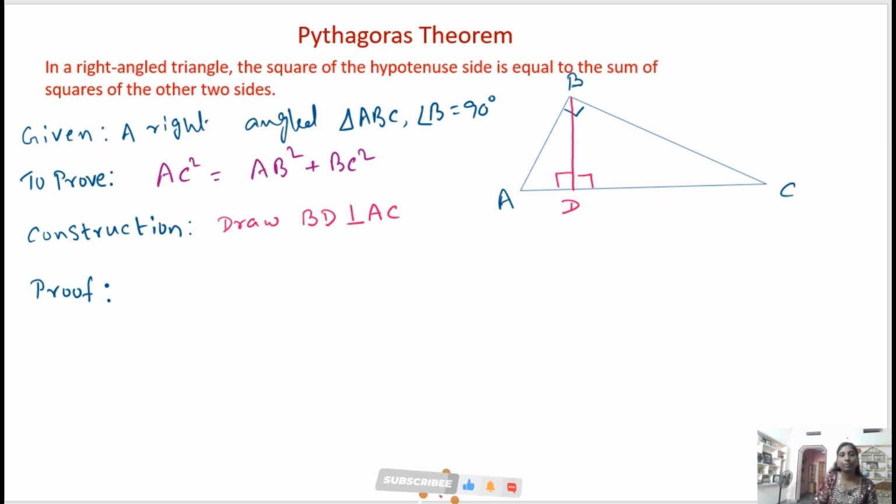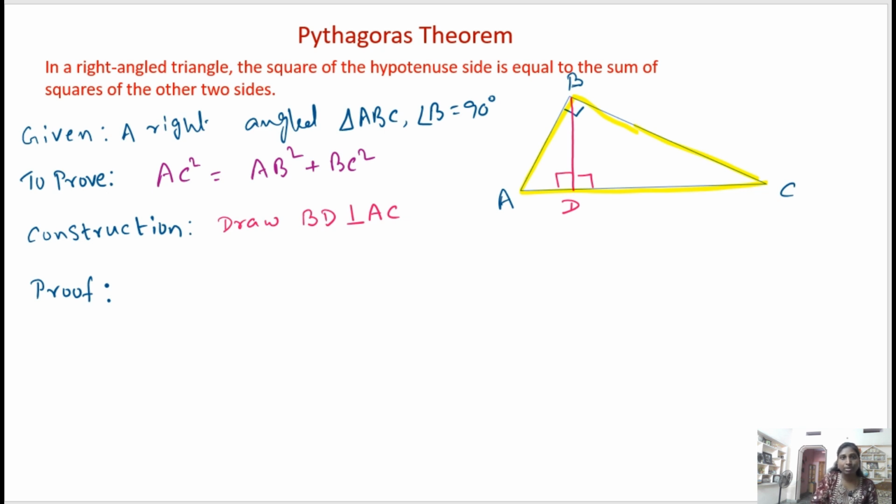This is the construction. Now we will start the proof. For that, we will first choose two triangles. First, triangle ABC, which is the big triangle. Let us mark it with yellow color. So ABC is a big triangle which is right angled at B. Okay.